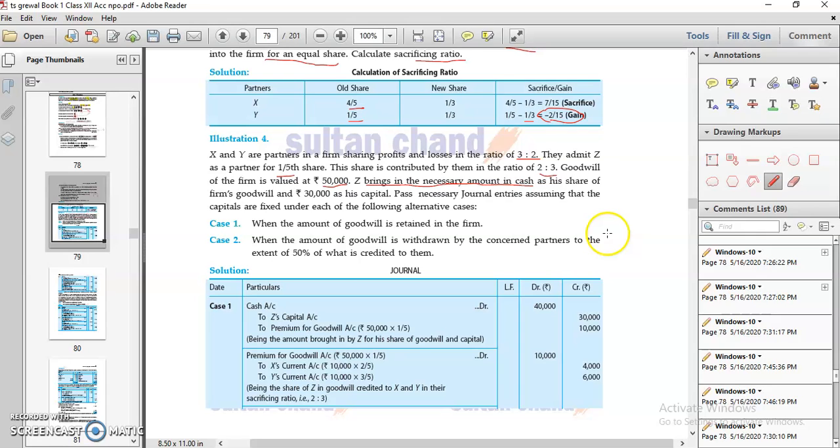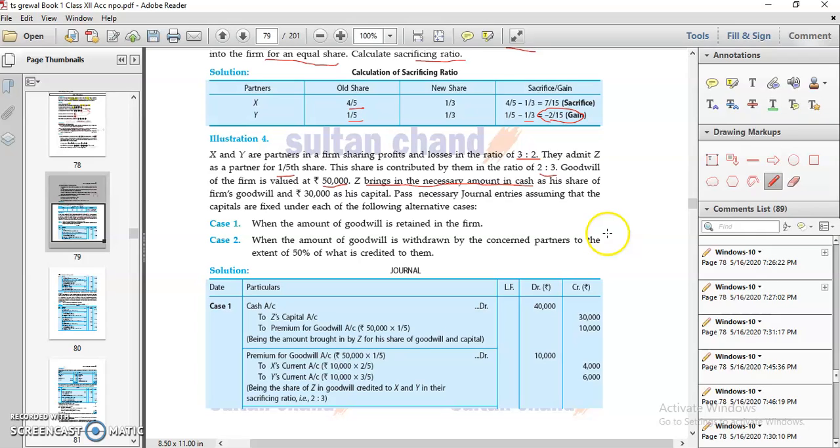Now you can pass two entries, or you can pass one entry. If you pass only one entry, it is cash account debit to Z capital 30,000 and premium for goodwill 10,000. It means total amount received in the business is 40,000. Now the second entry: once we receive premium for goodwill in cash, it is divided between existing partners in which ratio?